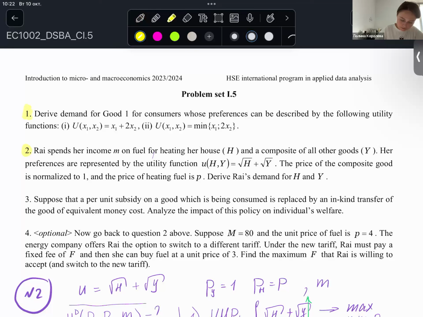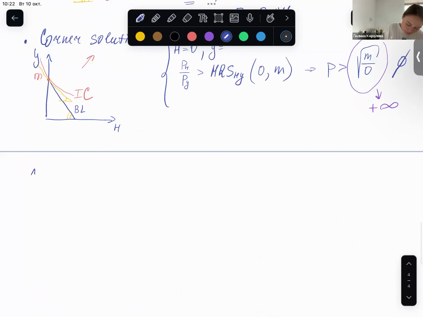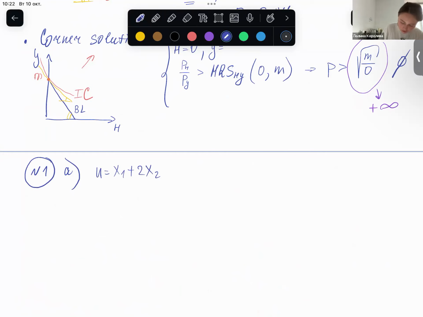Now we consider number 1. The demand for good 1 for consumers whose preferences can be described by the following utility function. Here it will be x1 plus 2x2. Let me write this down. x1 plus 2x2, number 1a. This is the utility function.